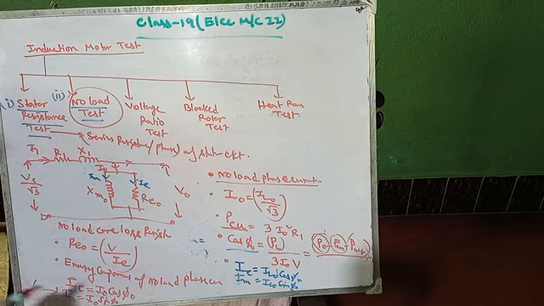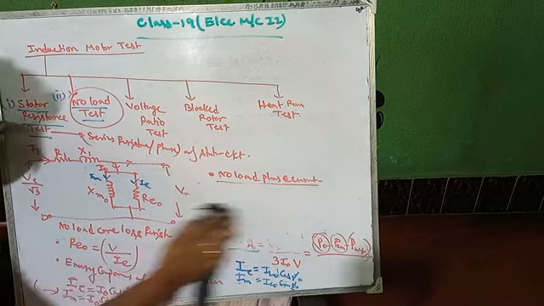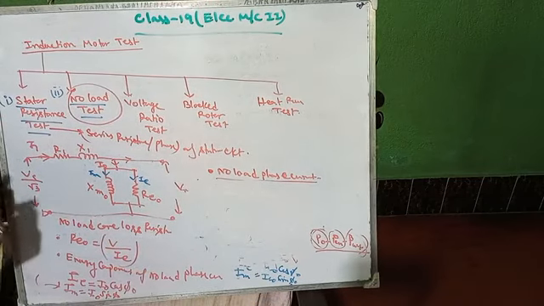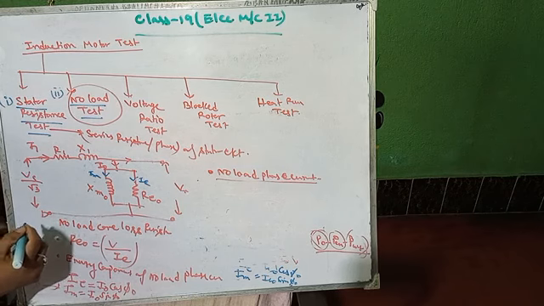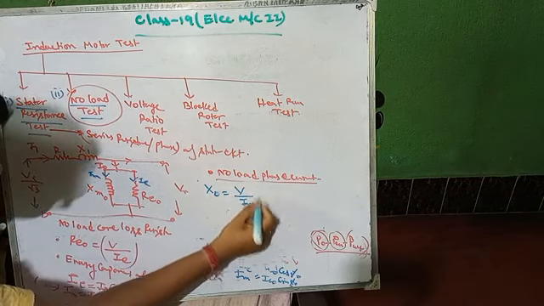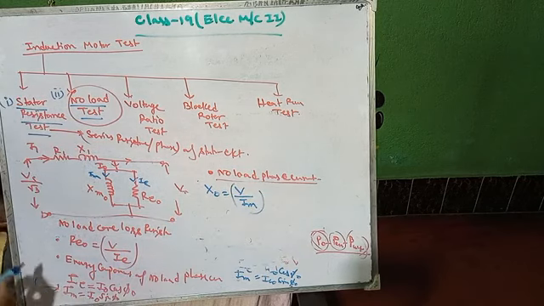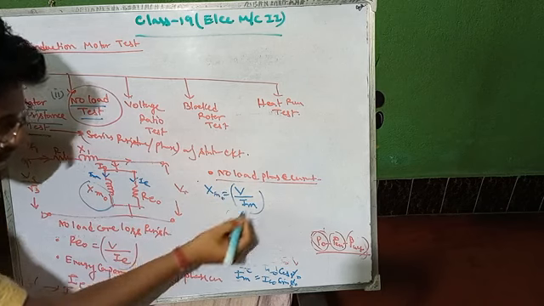Then Xm naught can be calculated as V by Im.